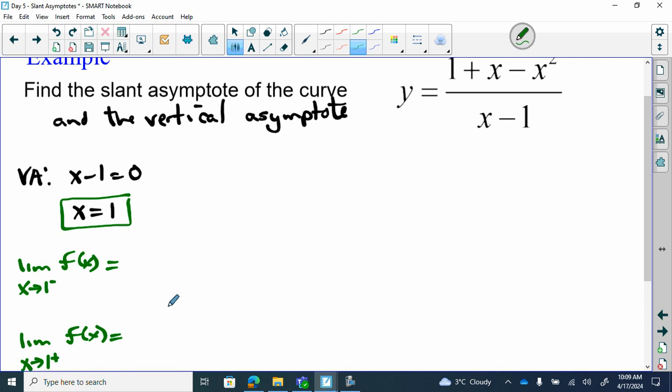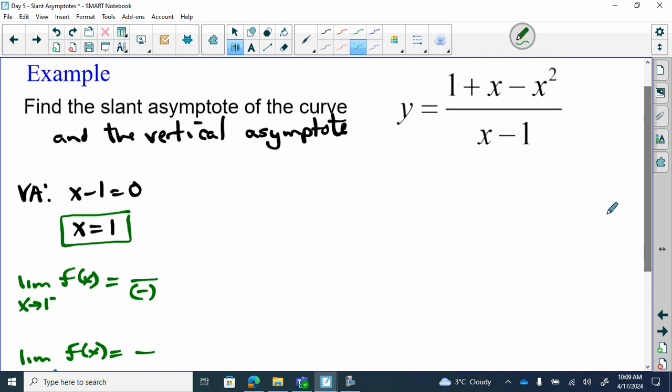I want to see if my y values are going to approach positive infinity or negative infinity. The denominator of this calculation should be fairly easy. What's a number on the left of 1, an x value of 1? 0.9. What would 0.9 minus 1 be? Yeah, so the denominator is going to be a negative.